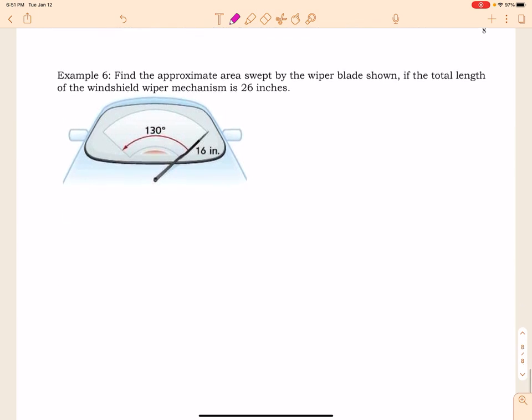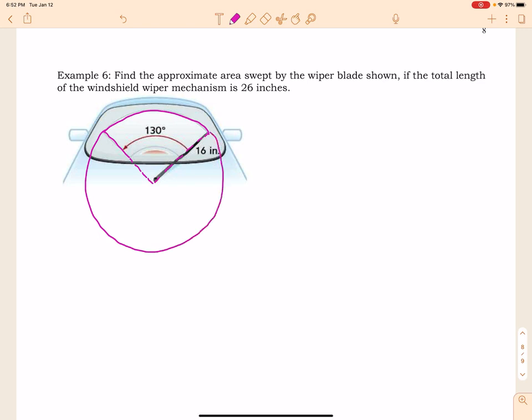Okay, example 6, here's our fun challenge question. Find the approximate area swept by the wiper blade shown if the total length of the windshield wiper mechanism is 26 inches. The part that we're interested in finding the area of is this right here. As you can see, that is a sector of what we would consider a bigger circle.